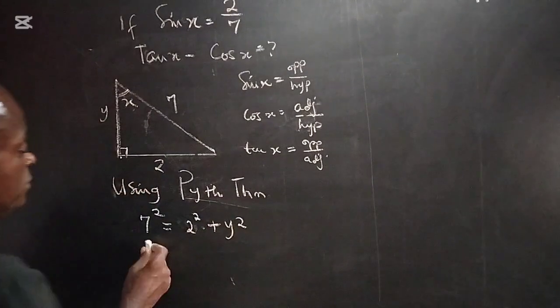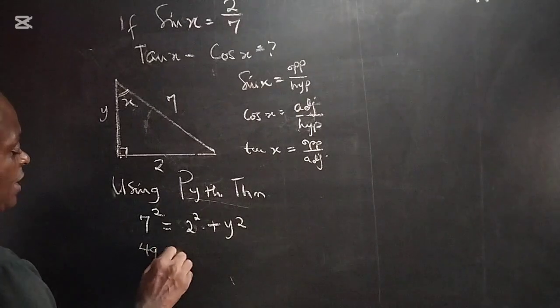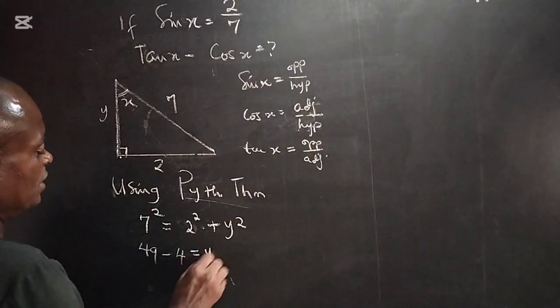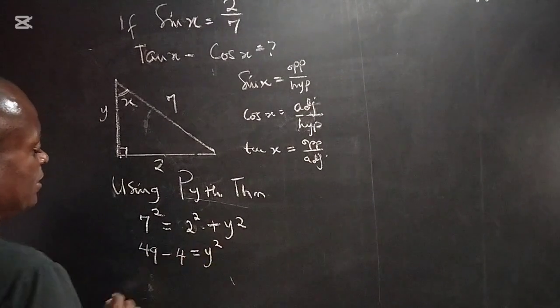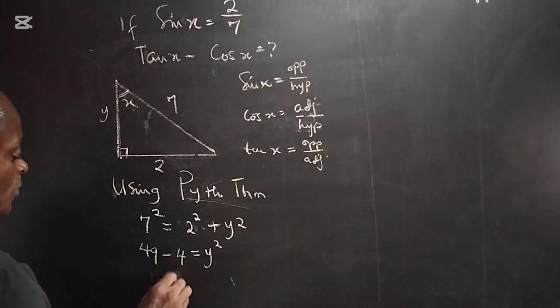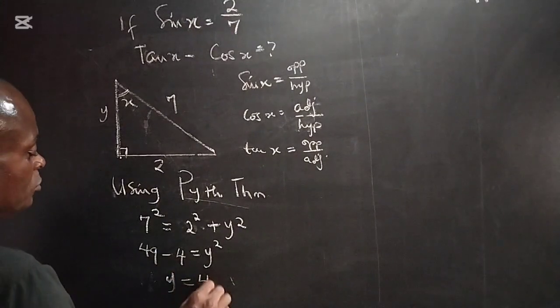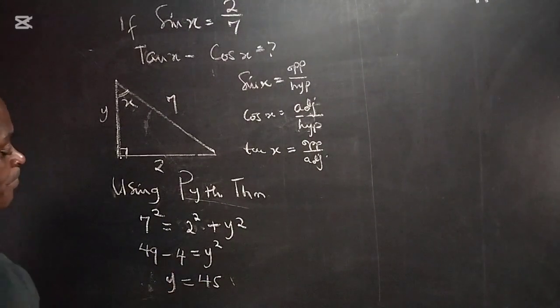So if we do this, it means we have 49 take away 4, that will make our y squared. Therefore, y squared is equal to 45.